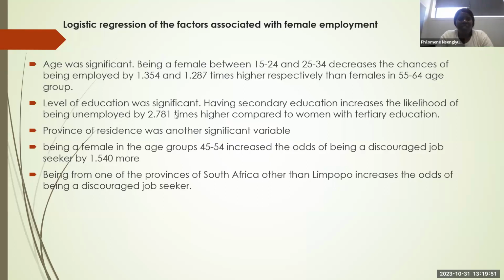Being a female in the age group 45 to 54 increases the odds of being a discouraged job seeker by 1,540 higher. Being from one of the provinces of South Africa other than Limpopo increased the odds of being a discouraged job seeker.